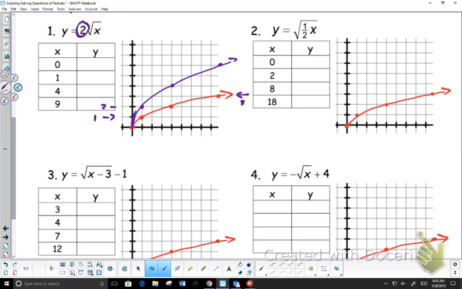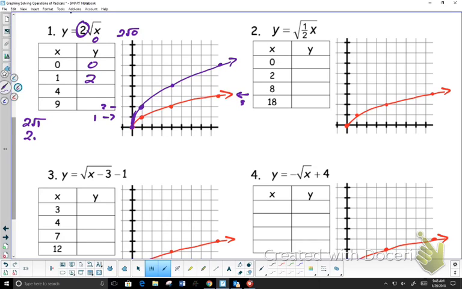You may be recalling this, okay? Outsiders impact your y's. It's doing 2 times it. So once again, if I were to just plug in 0 to this, it would be 2 times the square root of 0, which would give me 0, which matches up with where my first one is. If I plugged in 1, it would be 2 times the square root of 1, which is going to give me 2, which you'll notice that's where we have our point.